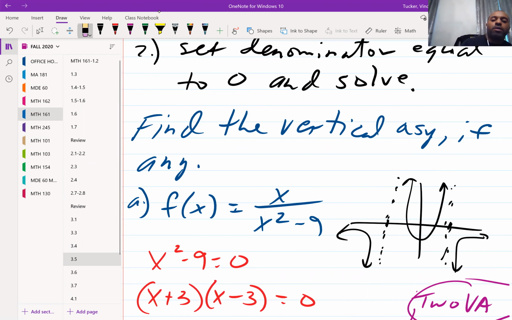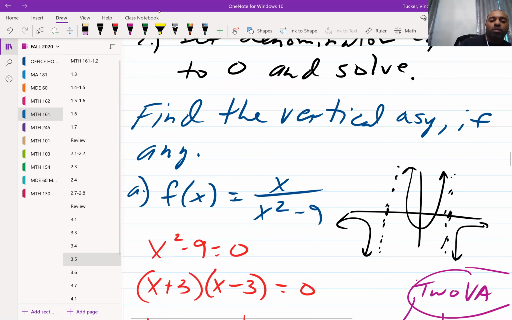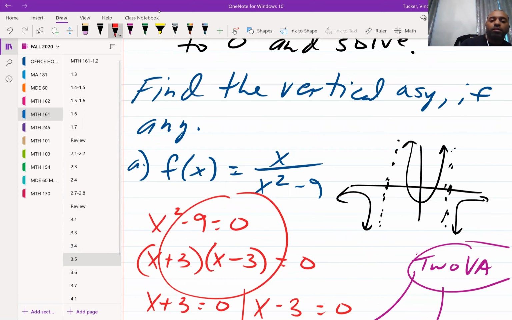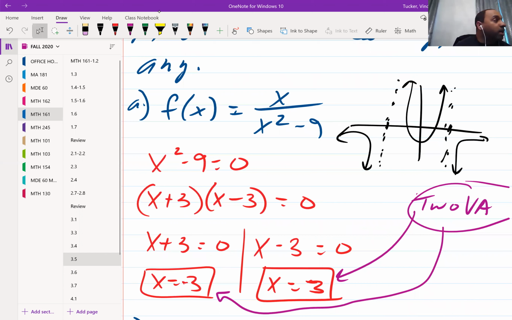Here we'll take x squared minus 9, set it equal to 0, and then solve it. X squared minus 9 factors into (x minus 3)(x plus 3). Set each part equal to 0, and you get x equal to negative 3 and x equal to positive 3.